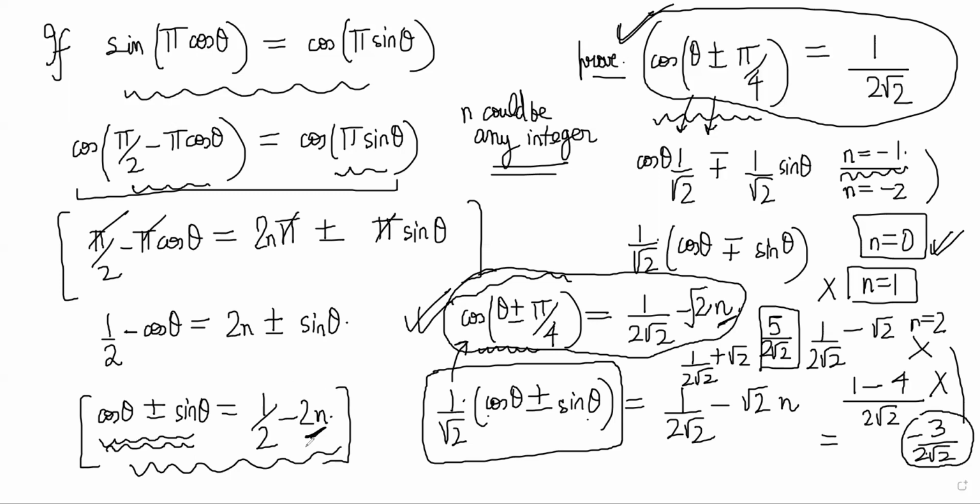Do you understand what is happening? Understood. Like we can eliminate n in the previous step, like cos theta plus minus sin theta equal to 1 by 2 minus 2n. So we can eliminate n from there also now. It's the same thing, whether you eliminate it at the last step or at the previous step.